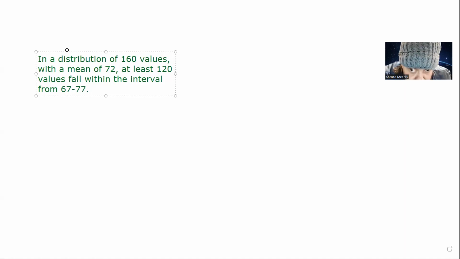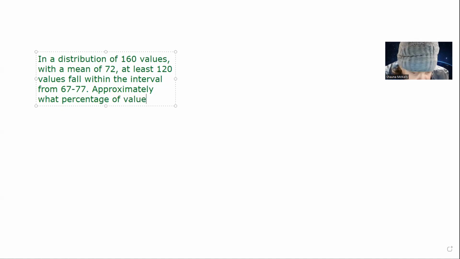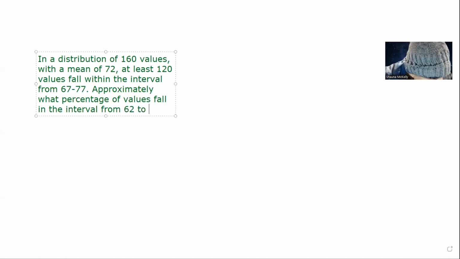Approximately what percentage of values fall in the interval from 62 to 82? Use Chebyshev's theorem.